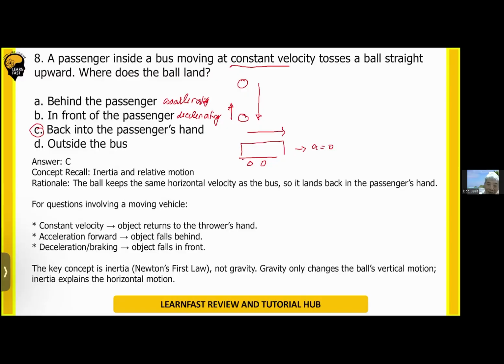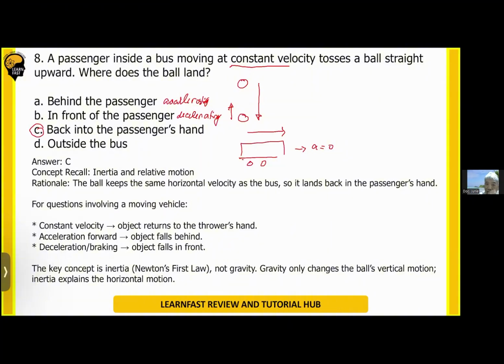So kasabay niya, gagalaw din yung bola horizontally. It will never resist the forward motion. The ball will never resist the forward motion if you have constant velocity. So again, A is the answer if the bus accelerates. B is the answer. The ball will land in front of the passenger if the bus is described to decelerate.